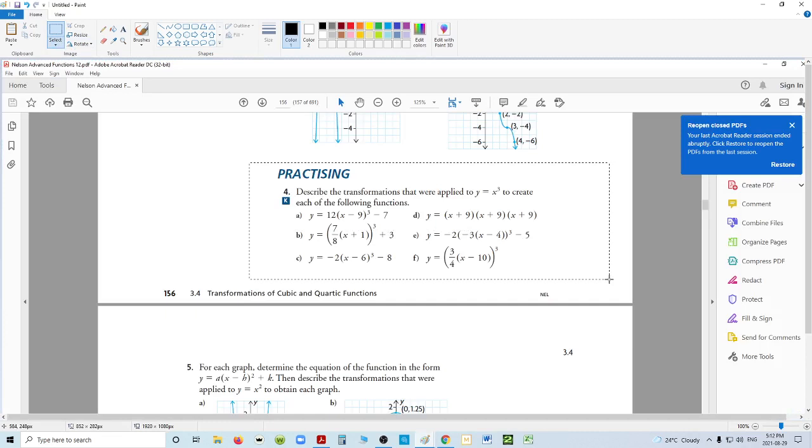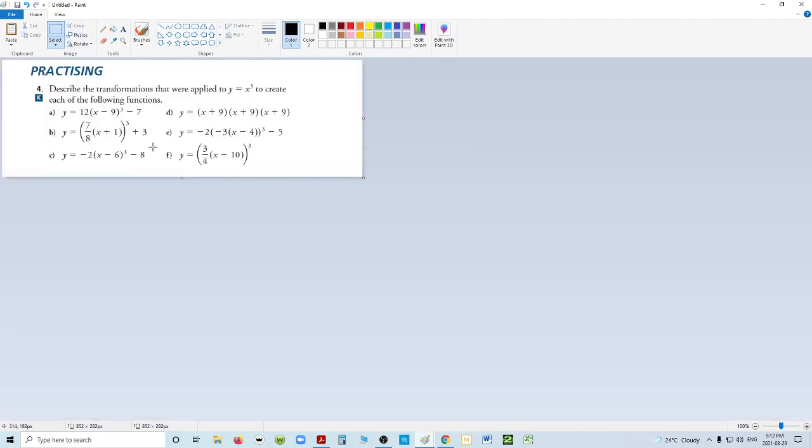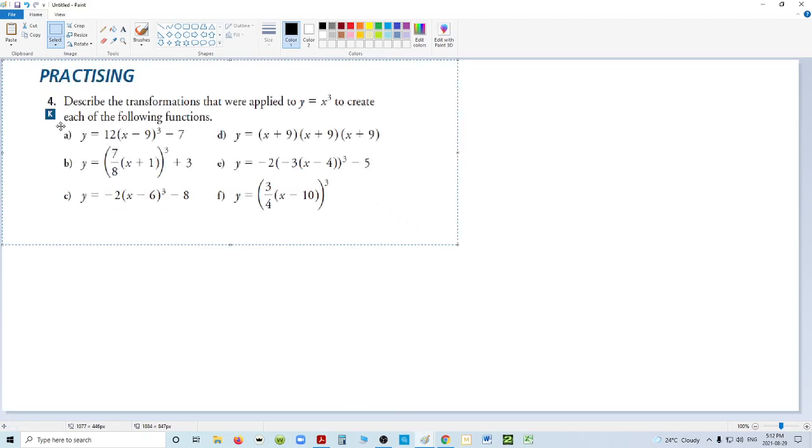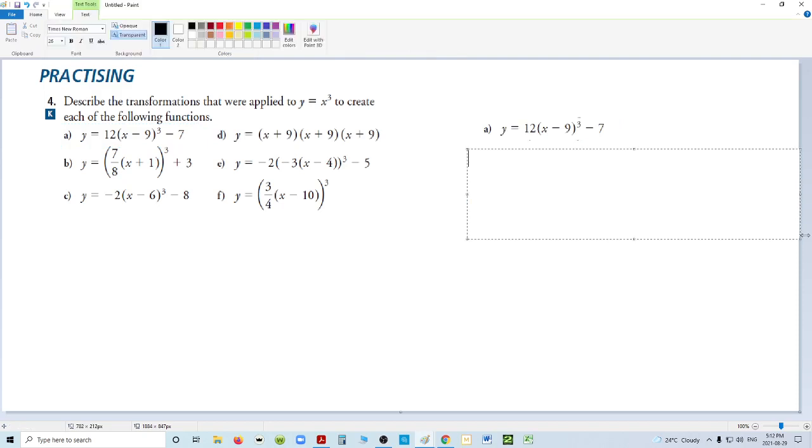Describe the transformations to create the following. Okay, just remember that the one thing they're always going to be tricky about is the actual x translations in the middle. Now, as it turns out, this one has everything in it, so the y translations is stretch by factor of 12 and translated down by 7.